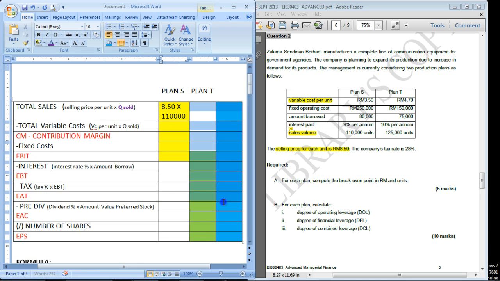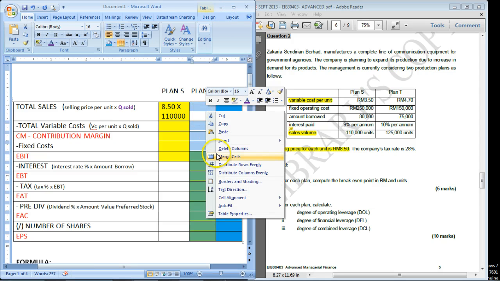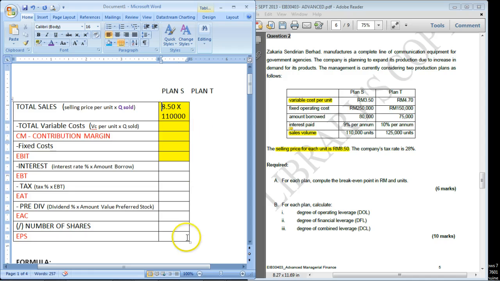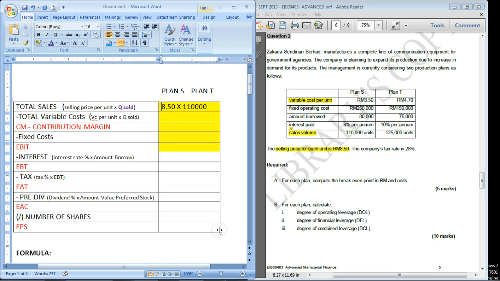Class, I will eliminate this, but please remember in the exam or in your tutorial later, you have to do it. For this video only, I want to focus on plan S. I want to only focus on one first, but it's compulsory for you to do both.